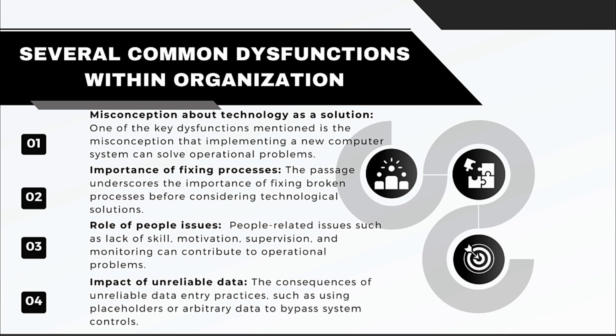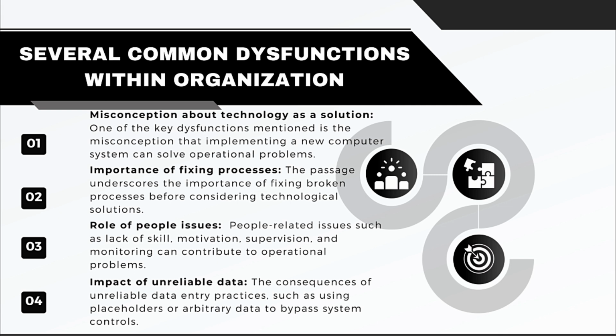Next is importance of fixing processes. The passage underscores the importance of fixing broken processes before considering technological solutions. It suggests that addressing operational problems at their root through process improvement is essential for long-term effectiveness and efficiency within an organization. And role of people issues.